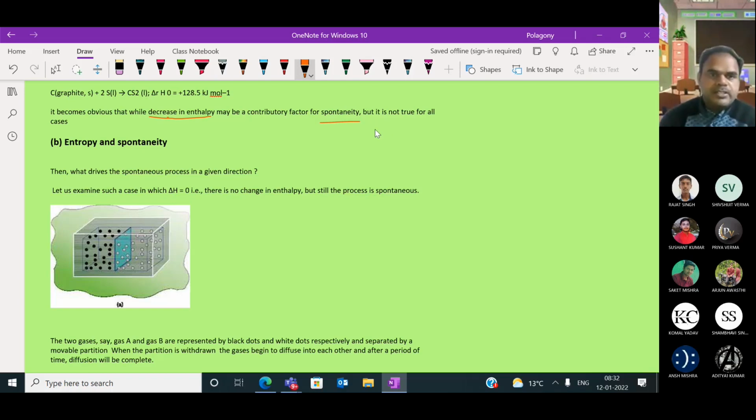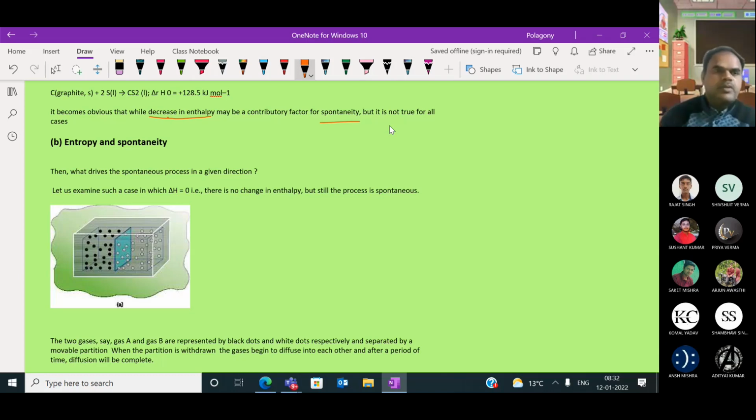We can't generalize this process. In some cases, chemical spontaneity is possible even without a decrease in enthalpy. So then what could be the reason for the spontaneity of chemical reactions? That means decreasing enthalpy is not the only reason for the spontaneity, and there could be other reasons also.